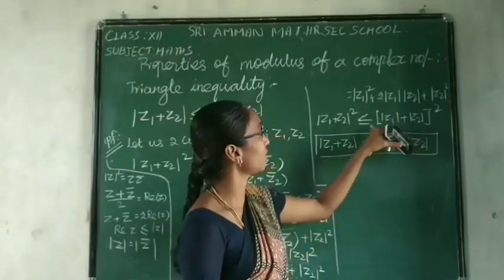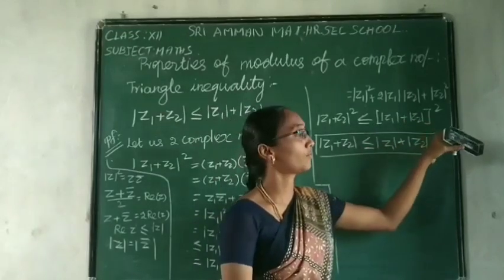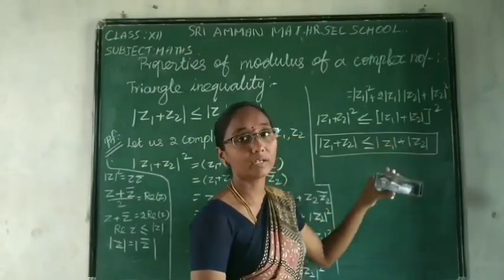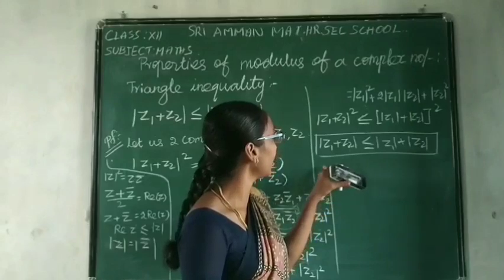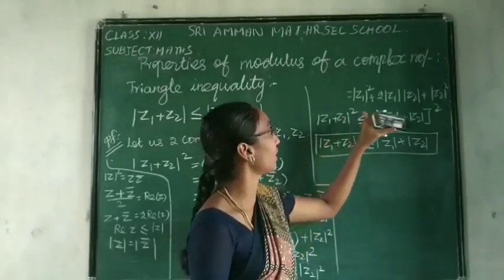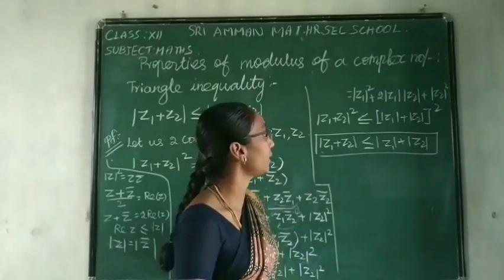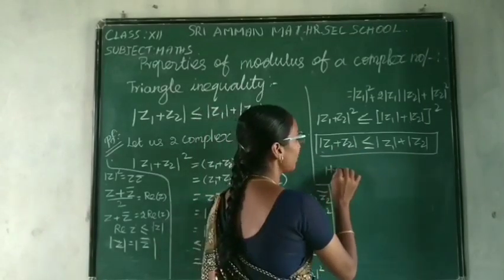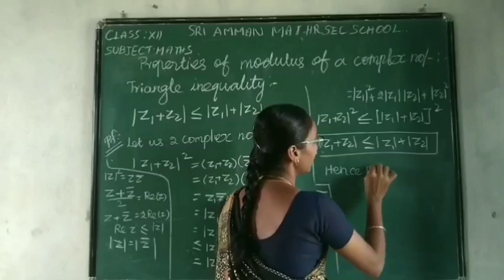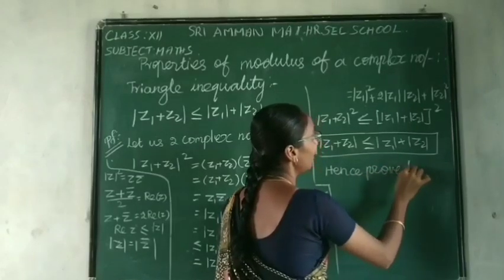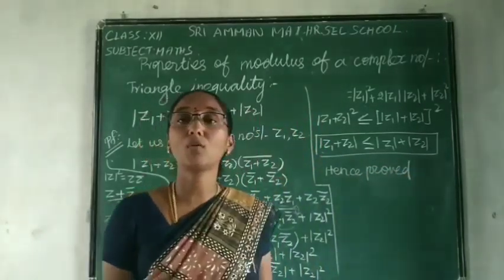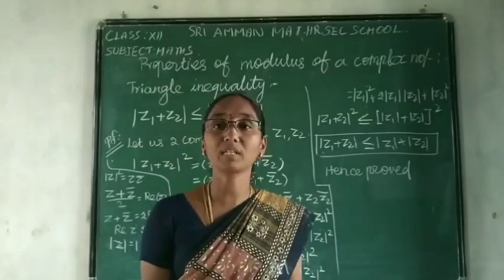Substituting, modulus of z1 plus modulus of z2 the whole square. So for the final answer, taking square root on both sides, modulus of z1 plus z2 is less than or equal to modulus of z1 plus modulus of z2. Friends, prove the triangle inequality of the modulus of two complex numbers.